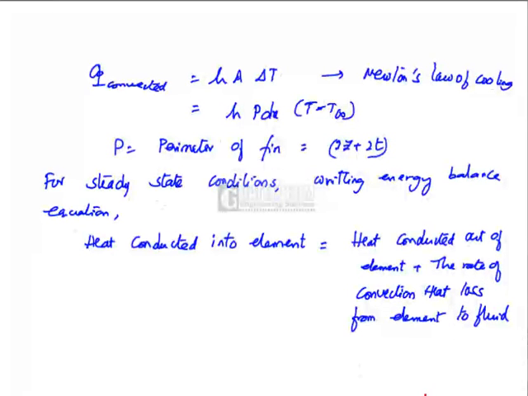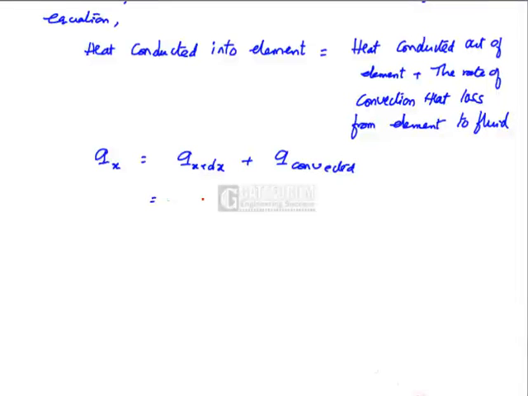Because the conditions are steady, the temperature of the fin at that element would not change with respect to time. That is, Qx is equal to Qx plus dx plus Q convected, that is equal to Qx plus dou by dou x of Qx into dx plus hP dx into T minus T infinity.